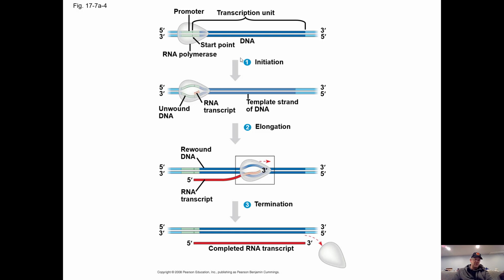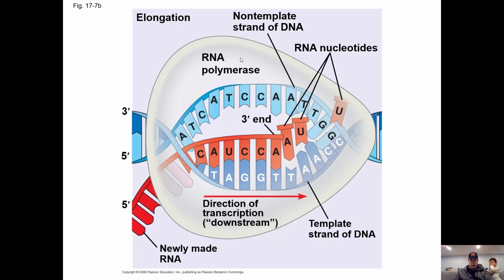In this one, initiation is where you're bound to the promoter, and the RNA polymerase starts to open up the DNA and starts to make the messenger RNA. Elongation is where the messenger RNA is being made, and termination is when the RNA polymerase falls off.